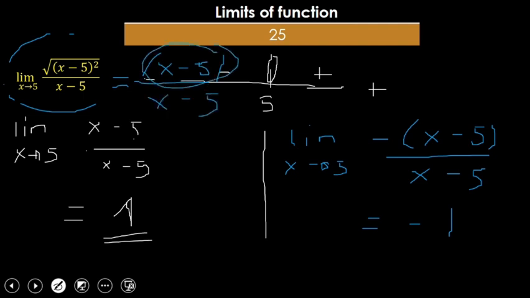You cannot directly take the positive part of it, because magnitude of x means x or minus x depending on the variation of x. Here it is not specified, it's just a direction, x turning to this. Okay, let's proceed.